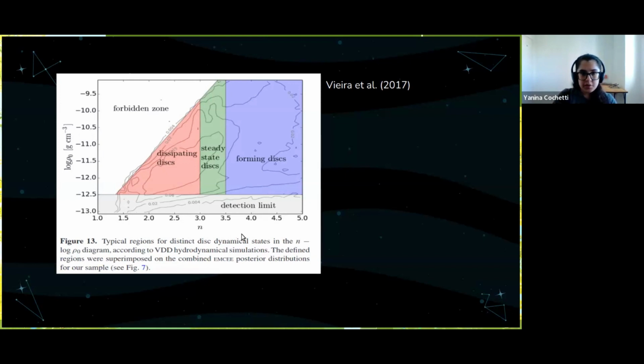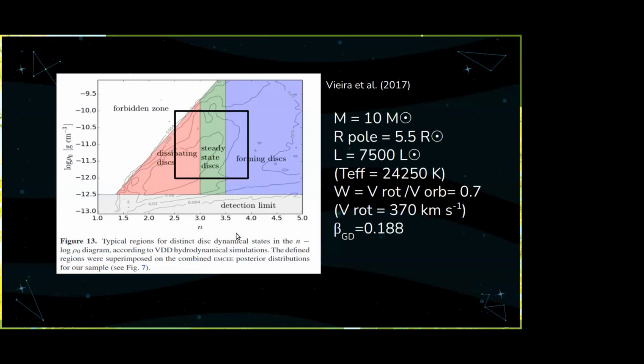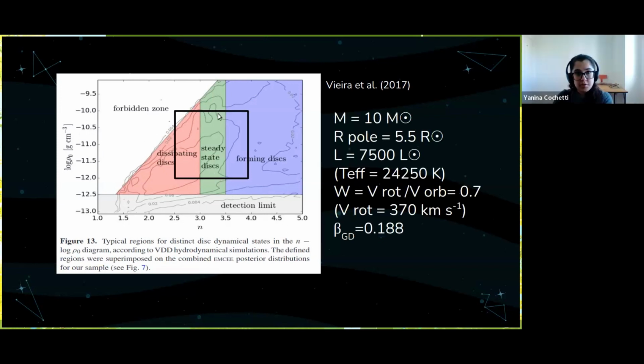So using that, we made some models using values in this square. Values for n between 2.5 and 4, and densities with the logarithm between minus 12 and minus 10. We use just one central object for now, we are just starting with this.